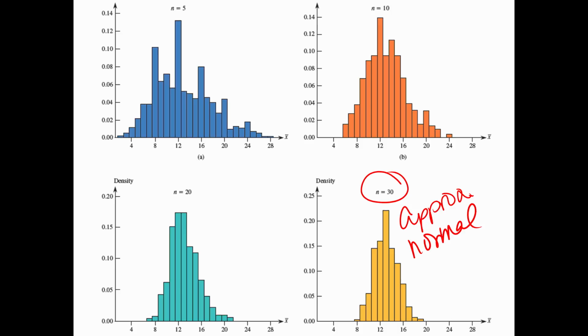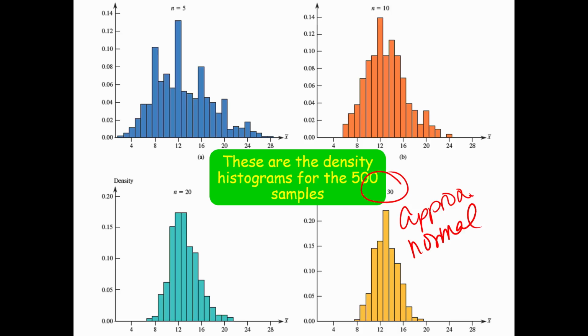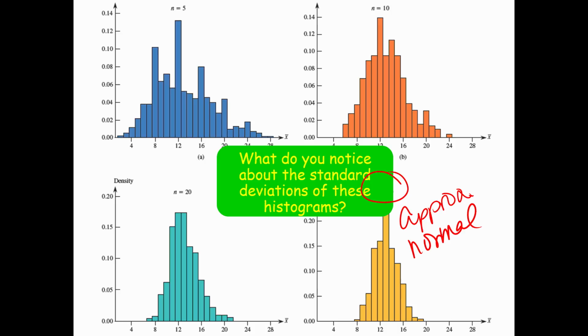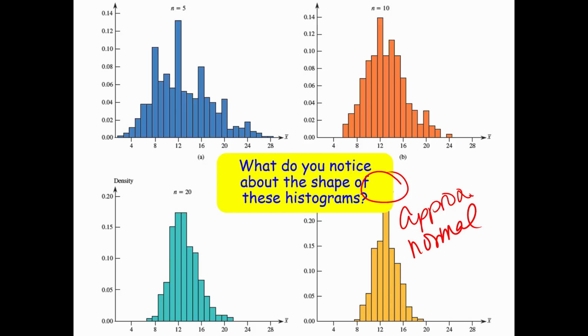How confident can we say the mean is going to be between this number and that number? But it does need to be approximately normal. They all have the same center of approximately 13, and as you go higher and higher for the sample size, the standard deviation gets smaller and smaller, and then it takes the shape of an approximately normal curve.